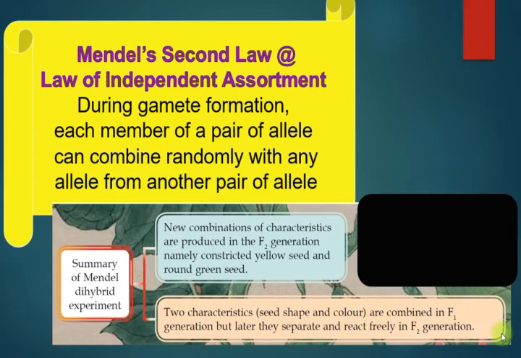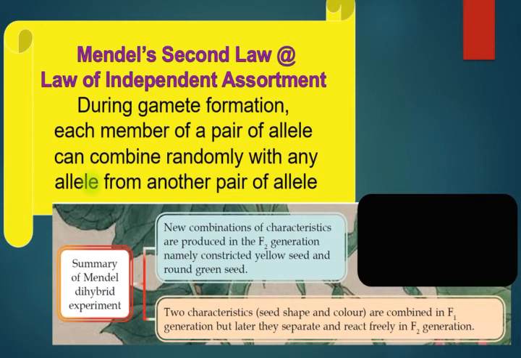As we discussed in dihybrid inheritance, the schematic diagram for the seed shape and seed color of the pea plant on page 238. What can we summarize from the schematic diagram? Please look at your textbook on page 238.